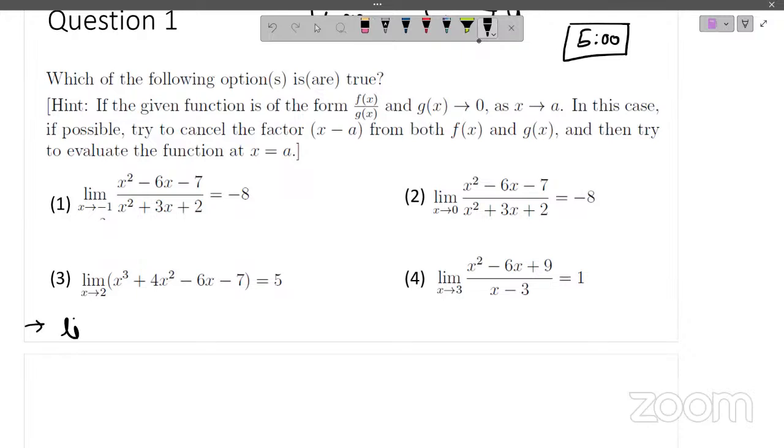If I ask you what is the limit as x goes to a of x, what will be your answer? Correct, a.